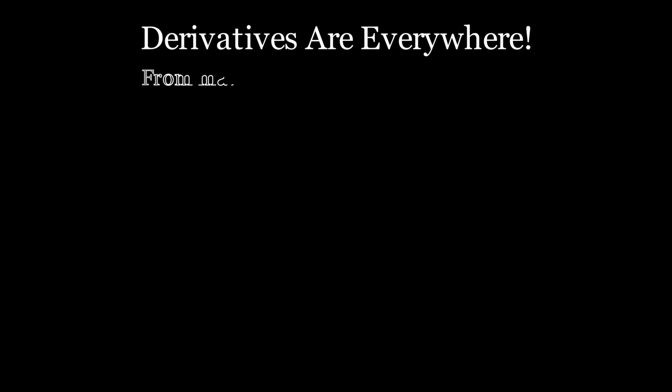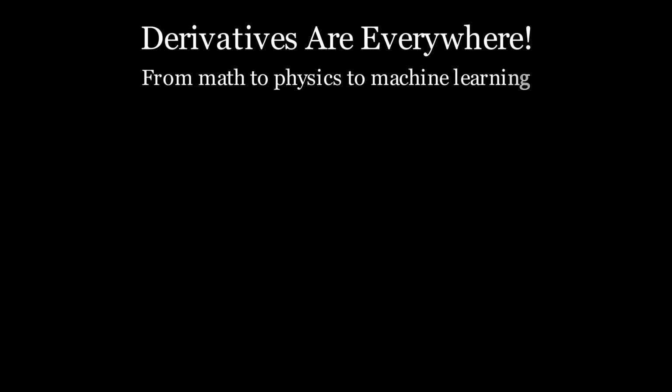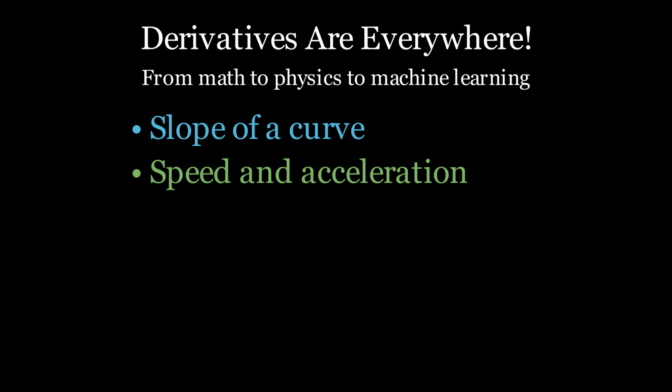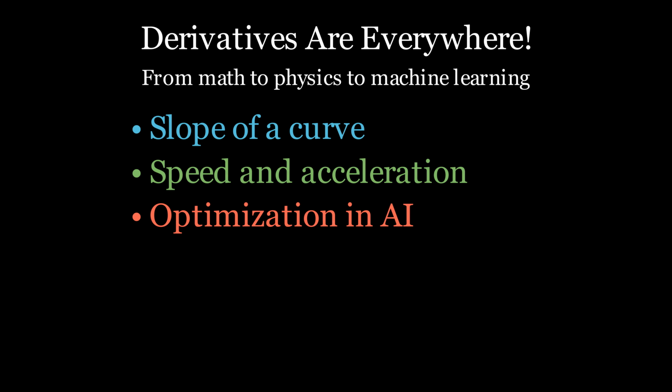Derivatives are truly everywhere in our world, connecting mathematics with physics, engineering, economics, and modern AI. They describe the slope of curves in mathematics, forming the foundation of calculus. In physics, derivatives model motion through velocity and acceleration. Modern machine learning uses derivatives to optimize neural networks through gradient descent.